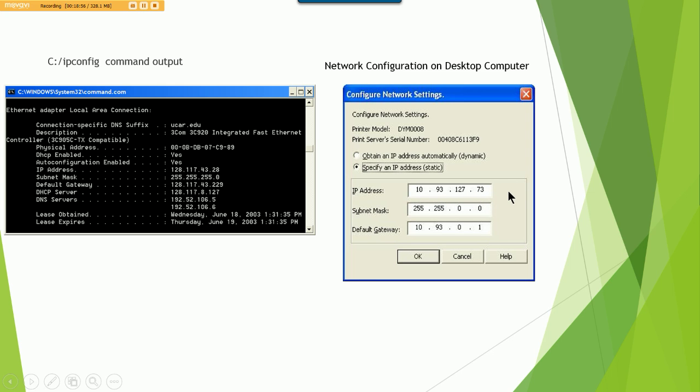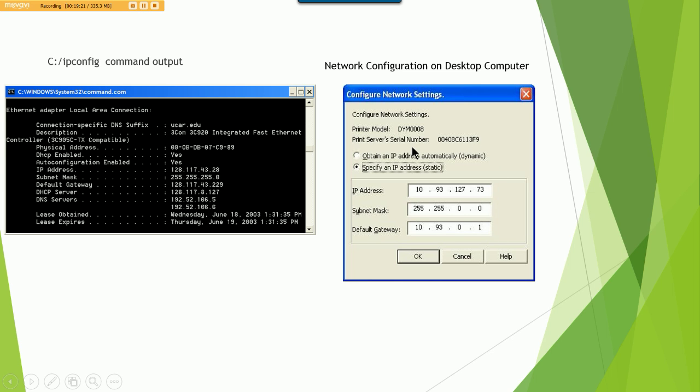Someone typed that in here, and they typed in 255.255.0.0 for the subnet mask. They typed in 10.93.0.1 for the default gateway. They pressed OK and applied, and they configured this computer with this IP address information that we see here.